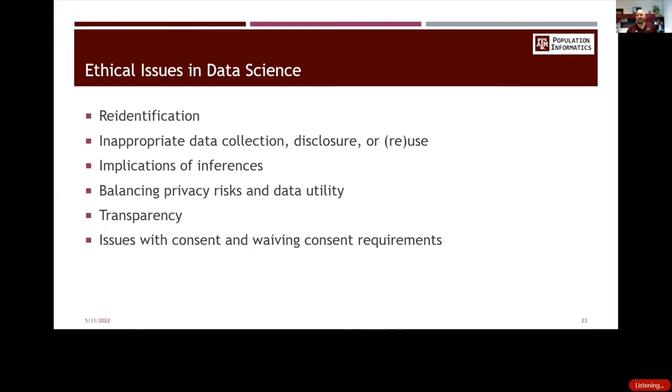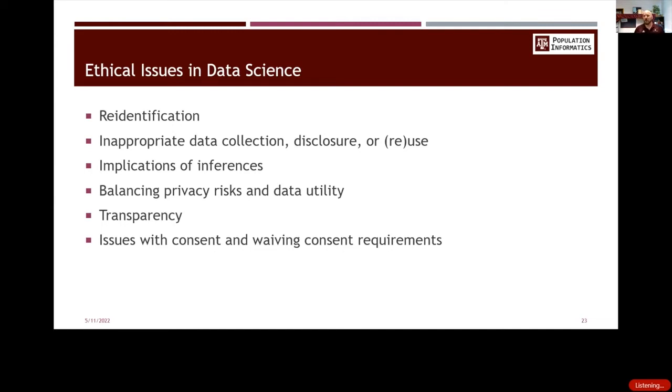But in the eyes of IRB members and in the eyes of patients or the general public, they are becoming increasingly concerned about inappropriate data collection, disclosure, and use by you, the research team. And so it's something that you should take very, very seriously. Trust is fragile. So you want to ensure that you are acting as researchers with the highest ethical standards to make sure that the public still feels confident in sharing their information for research.